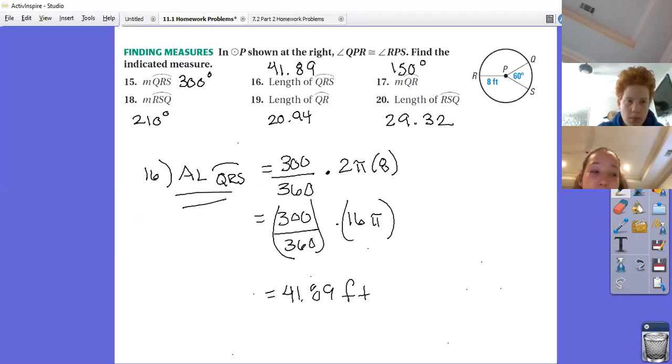They're both exactly the same. It's just that in one of them you're dividing the circumference into the arc length. Okay. I just used the other one, so I wanted to make sure. It doesn't matter. This one, because I'm trying to find the arc length, I can just plug and chug and don't have to do any more work after that. Okay. Any other questions on 15 through 20?